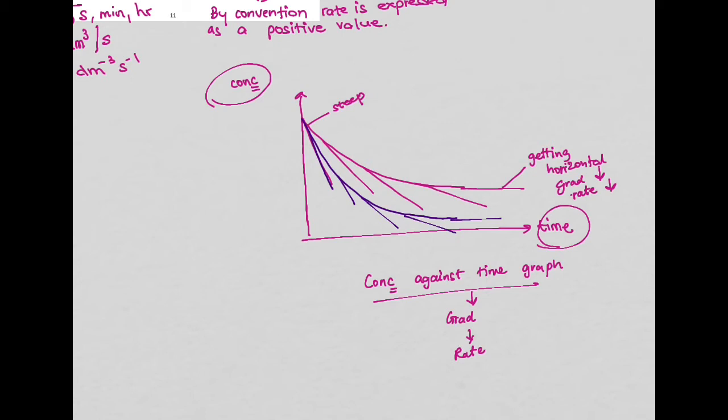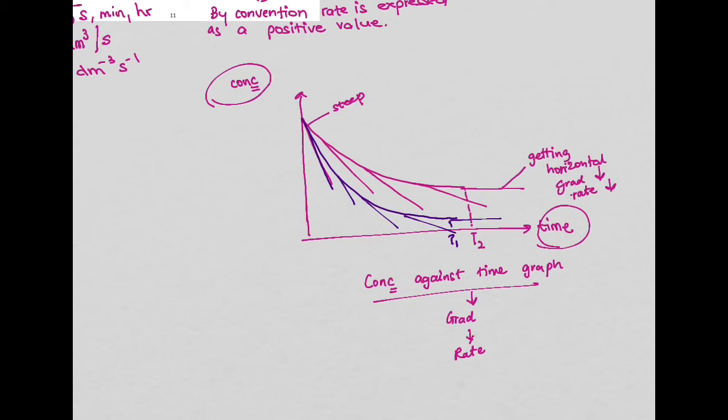But if you look carefully, you'll see that in the blue line the gradient is decreasing faster. So it's getting horizontal in less time. Here it got horizontal at this time, let's say T2, and here it got horizontal at T1.